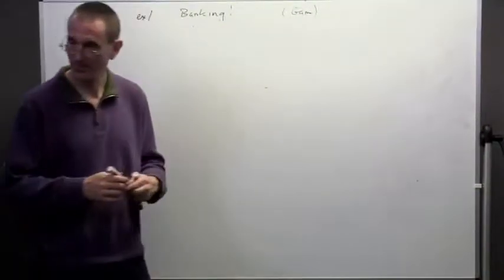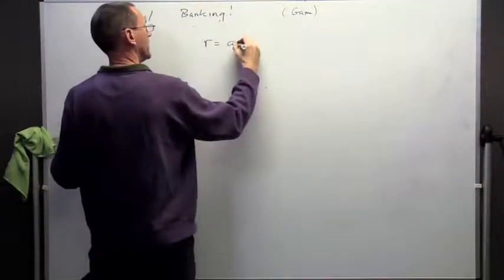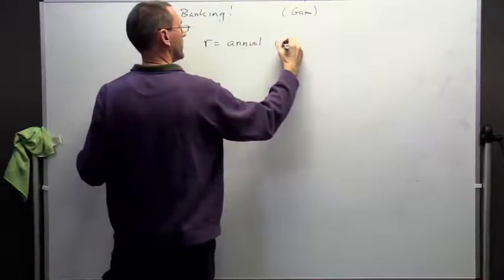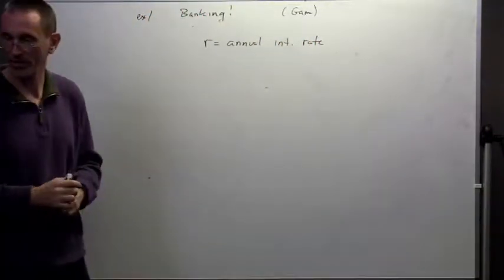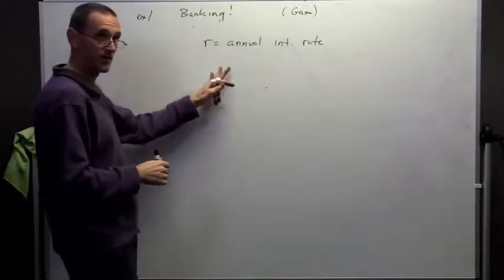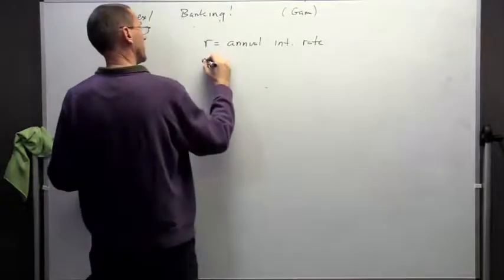So what do I have? In general, your banker gives you an annual interest rate, but that's a little bit of a lie. That's not the interest rate that actually gets charged to you. Now look at the detail.